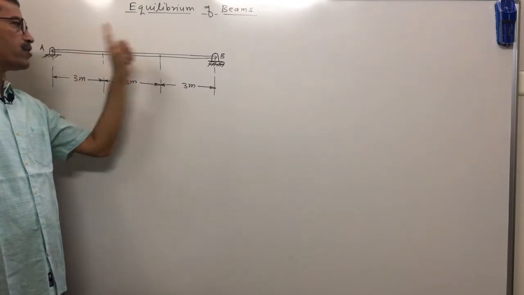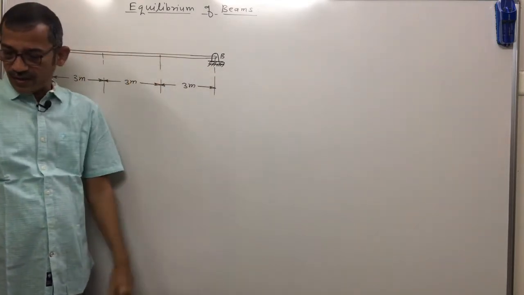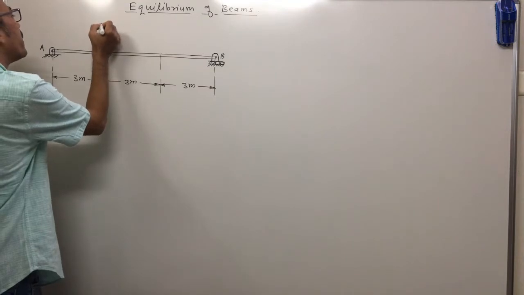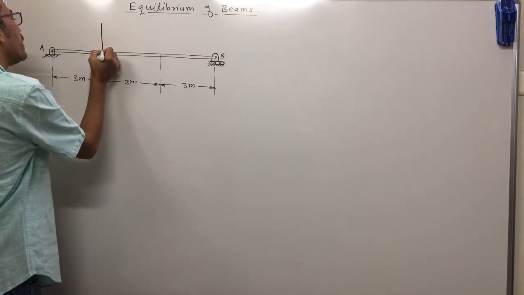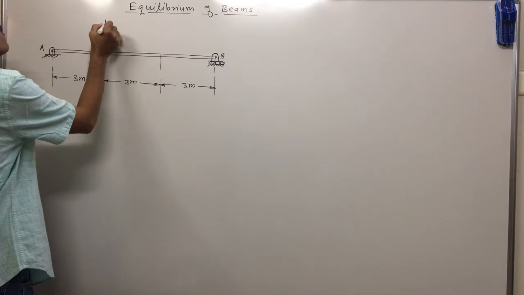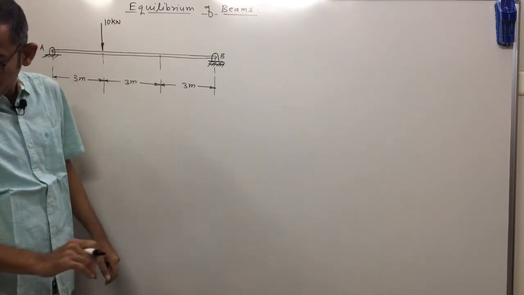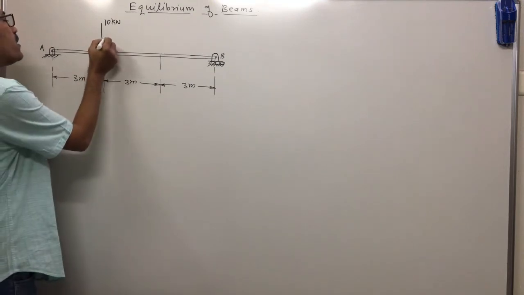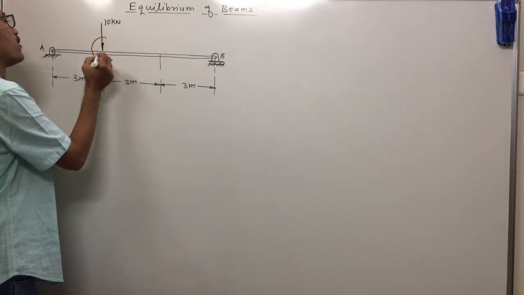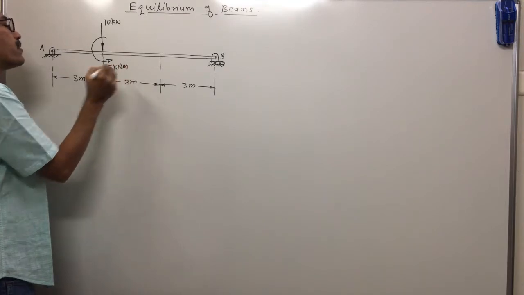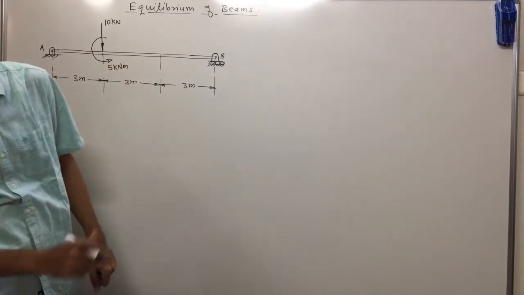You have to find the support reactions when some loads are acting. What loads are acting? Here one force of 10 kilonewton is acting in the downward direction. One couple is also acting here, which is anti-clockwise, and its magnitude is 5 kilonewton meter.